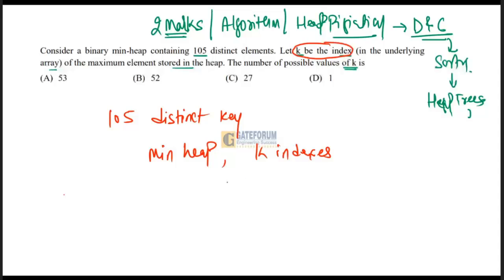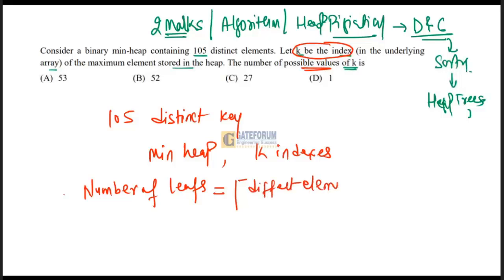So based on that, what they are asking is the number of possible values of K. So there is a direct formula: the number of leaves is nothing but the ceil value of the number of elements or keys divided by 2.